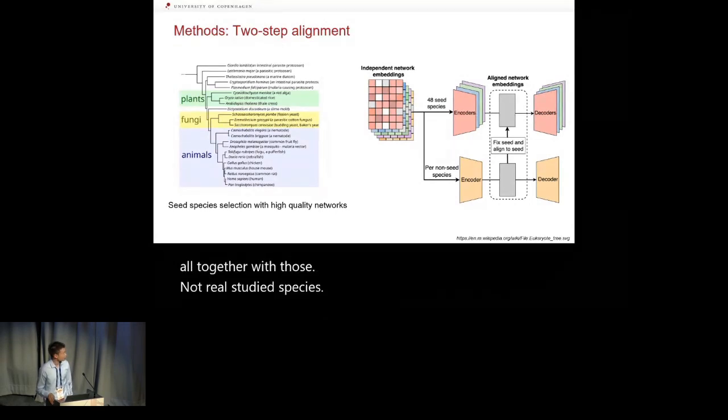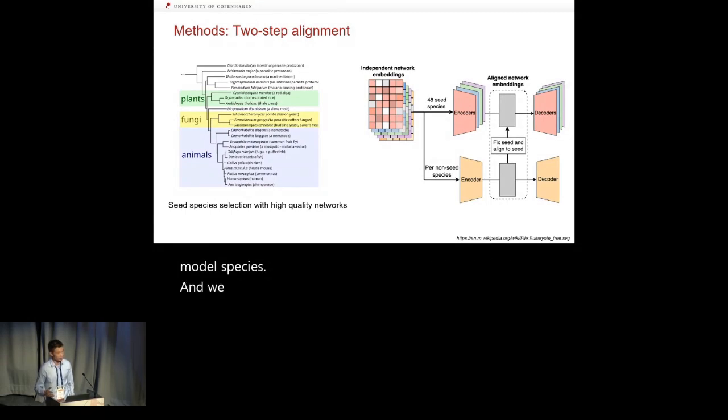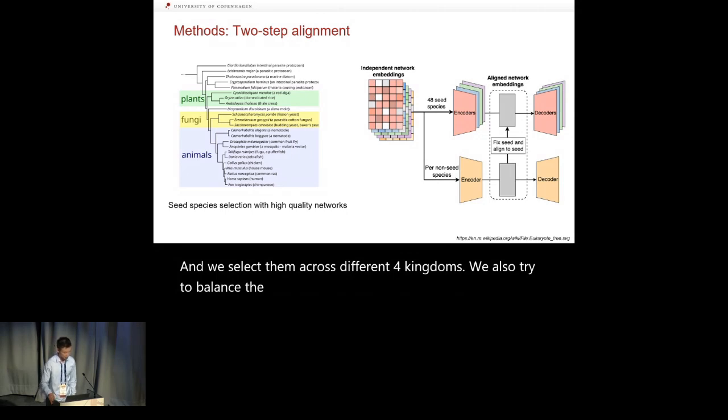So the way we do it is that we first selected some seed species that are very well studied, and most of them are model species, and we select them across the four different kingdoms. We also try to balance the number of species we selected in each kingdom.